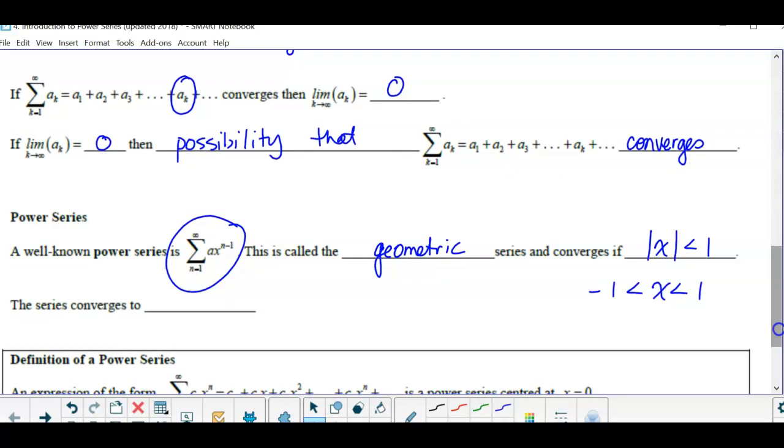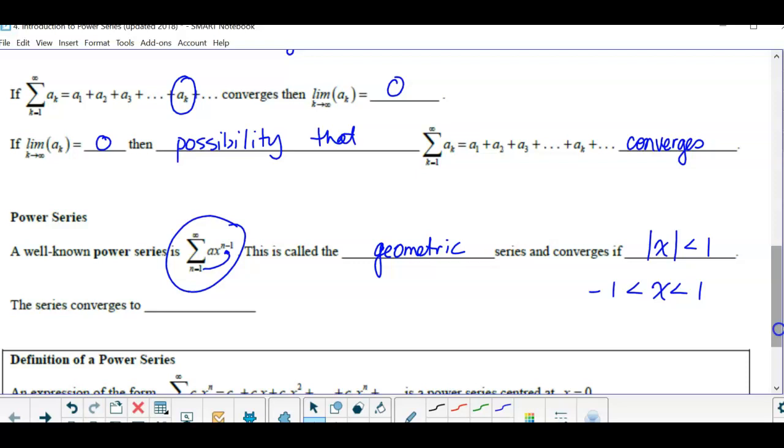So back when we were doing series and sequences, we didn't call it x, we called it r, the common ratio, what you keep multiplying, because you can see here that you keep multiplying by x because your index is the exponent on x.